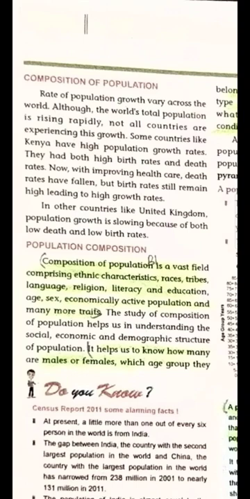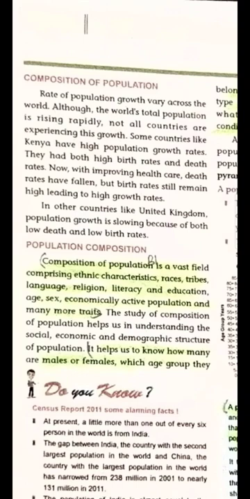But in due course of time, they are improving with healthcare, and their death rates have fallen. And advanced countries like the United Kingdom will always have a low birth rate, and at the same time a low death rate also because of advanced medical services.